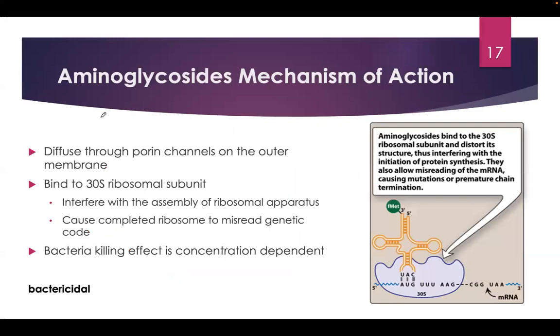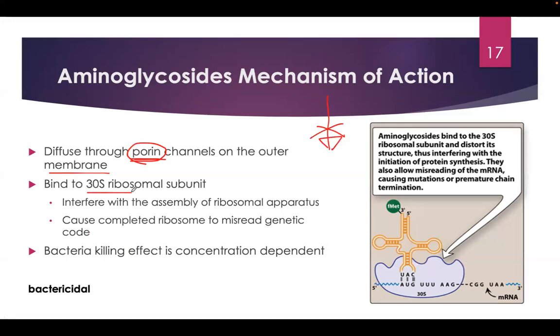So the mechanism of action, again, remember clean tag. These are going to bind those 30S ribosomal subunits, and they go through porin channels on the outer membrane. So this is one area where you can get some enzymatic resistance with aminoglycosides, but also porin channel alteration, and you no longer get penetration into the bacterium so it can bind to those 30S ribosomal subunits.